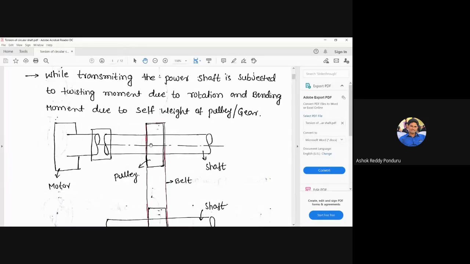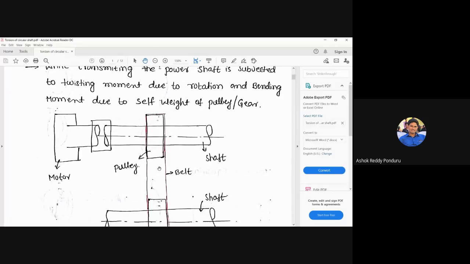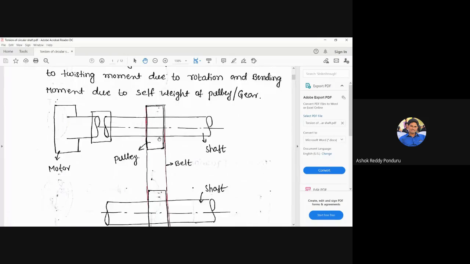One more important point: there are different types of mechanical drives. There is the gear drive system, belt drive system, chain drive system, and rope drive system. This is the belt drive here, and sometimes there is a chain drive.